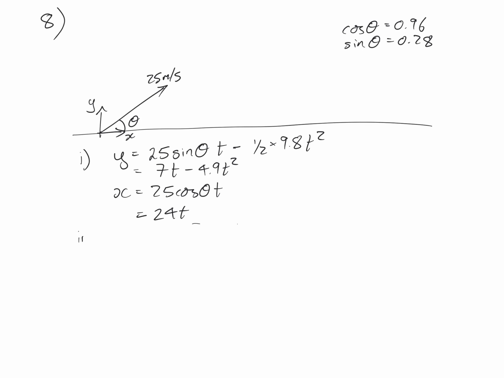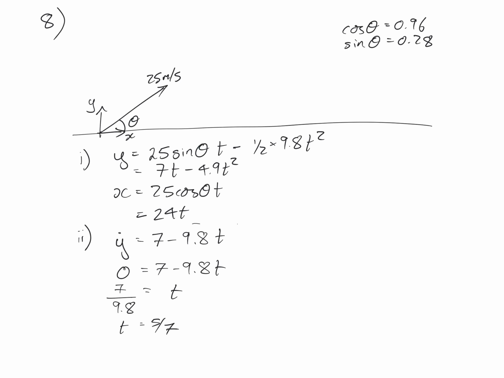Calculate the maximum height. So this is when the vertical velocity is 0. So if we do this by differentiation, y dot equals 7 minus 9.8 t. You can do it by suvat to get the same equation when that's 0. So t is 7 over 9.8, t is 5/7.